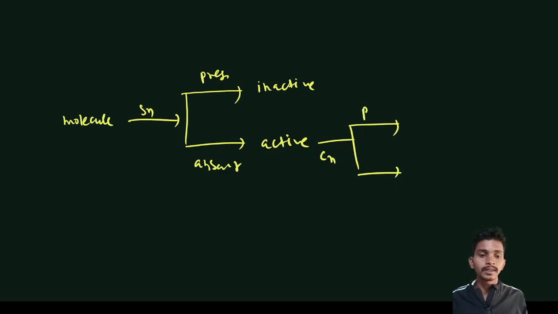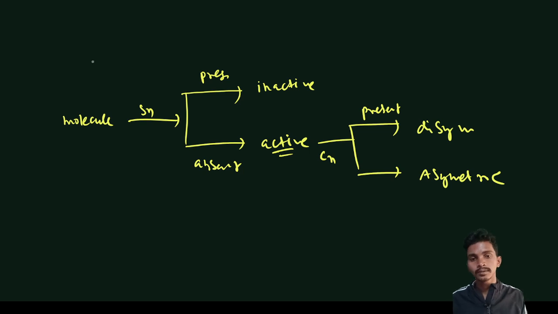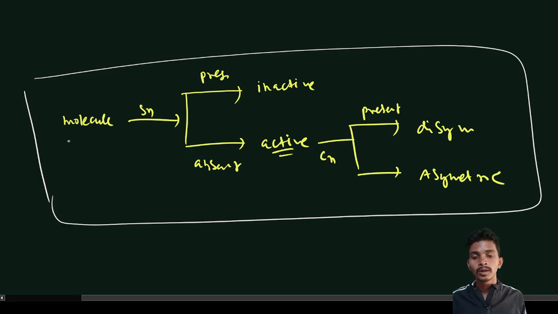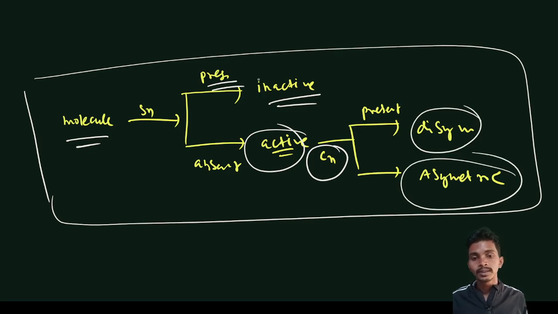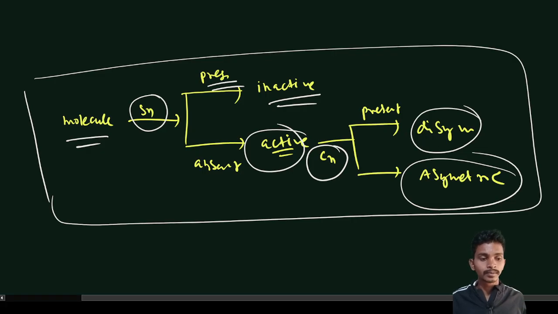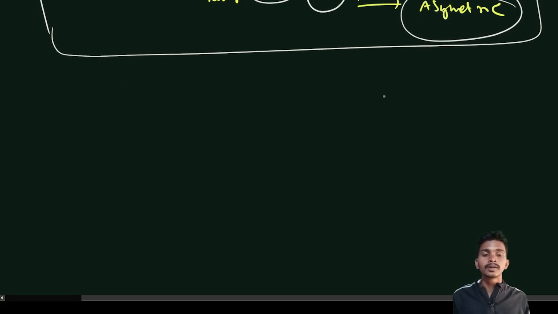Now if Cn is present, that is a dissymmetric molecule, and if absent, that is an asymmetric molecule. But the decision of optical activity is made using the Sn axis only. Asymmetric is just a subset of dissymmetric groups.